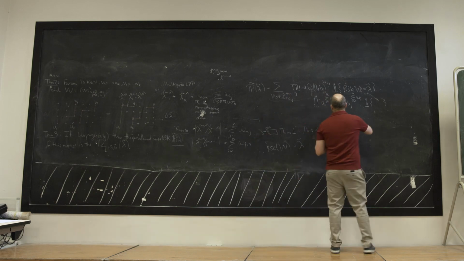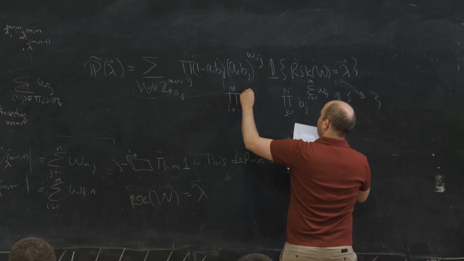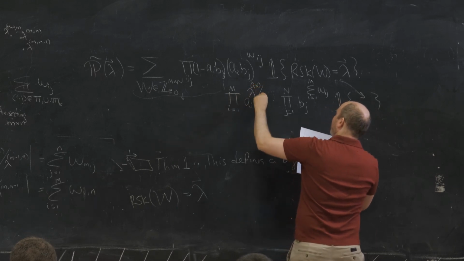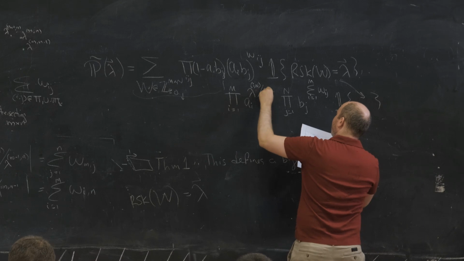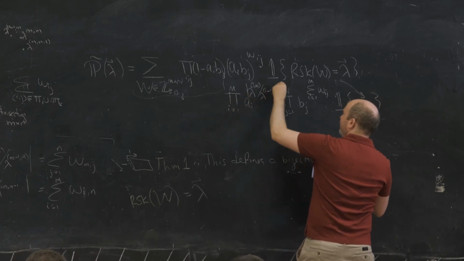So I ought to just erase this and write this as lambda_i over lambda_{i-1}, and this is the size of that.